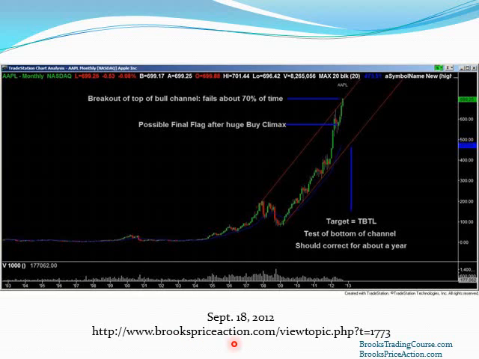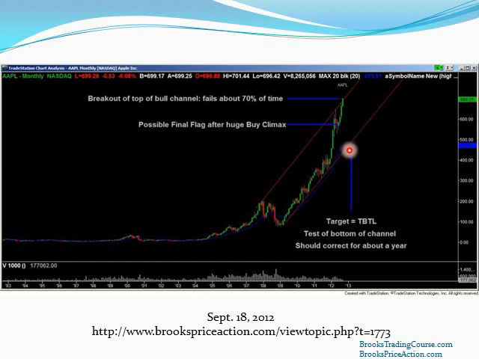And at the time, I said that I thought there was a 70% probability that this bull breakout of a bull channel would fail, and that the market would then correct down for about 10 bars, 2 legs, TBTL, and poke below the bottom of the channel as a minimum target.